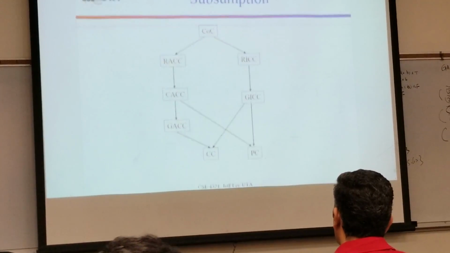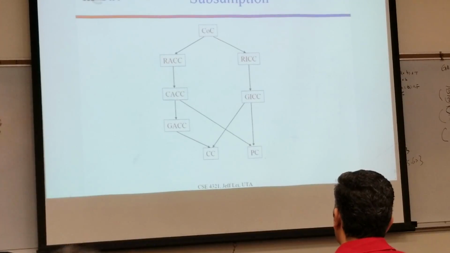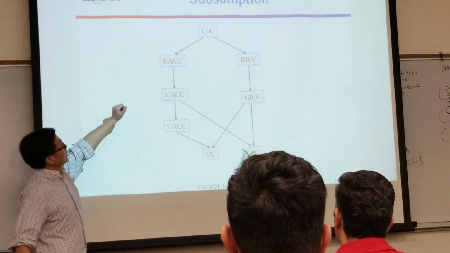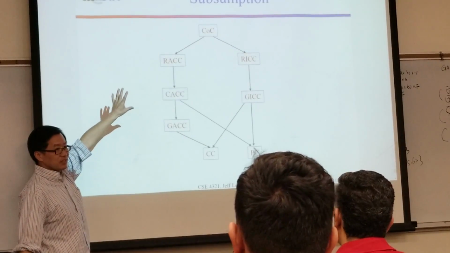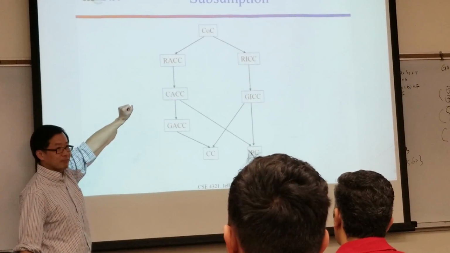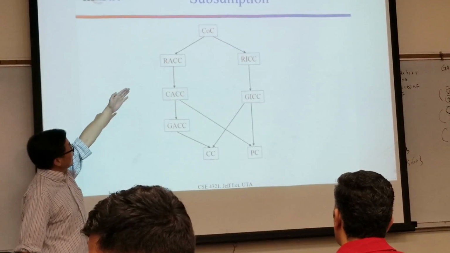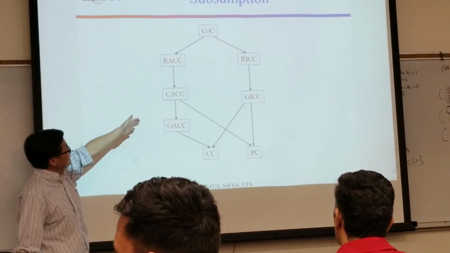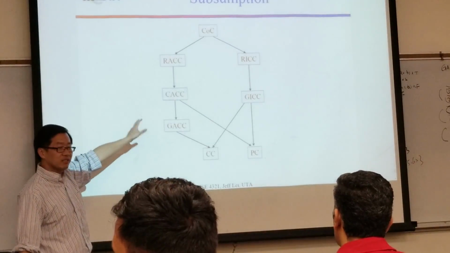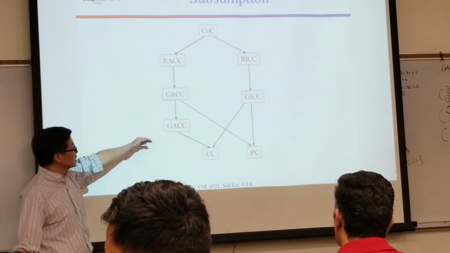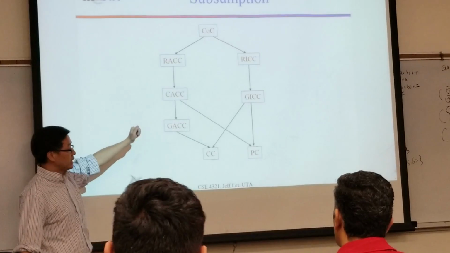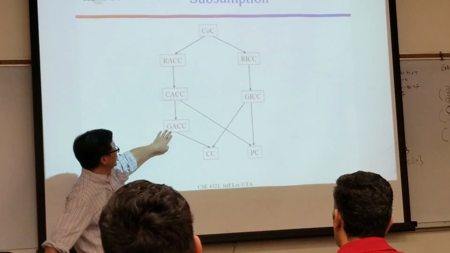To summarize, we have this hierarchy. On the top is basically the exhaustive coverage to test all possible combinations. On the left hand side is RACC, CACC, GACC, the active clause coverage. As we mentioned, RACC is the strongest, then CACC and GACC.